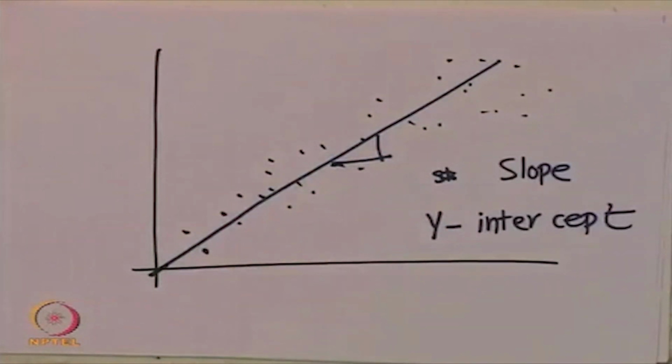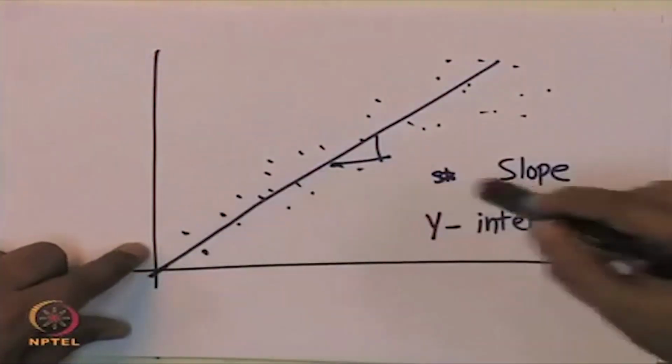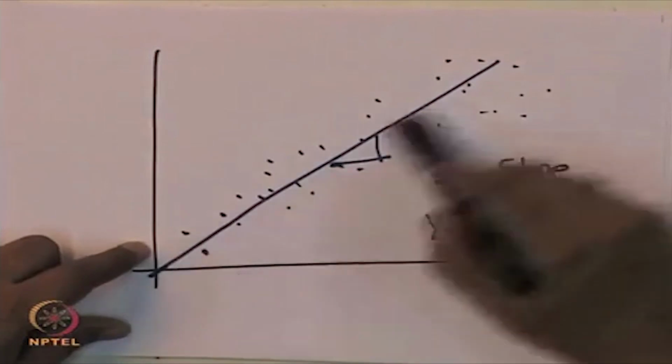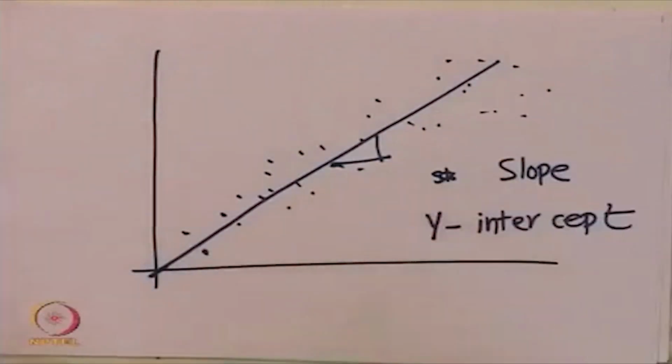So, the aim, what is software? The softwares that you use typically, what are they doing? Essentially finding a straight line, finding the slope and y intercept such that it nicely fits. When I say nicely fits, what does that mean? There is a specific meaning, a precise mathematical meaning, when I say it fits very nicely.